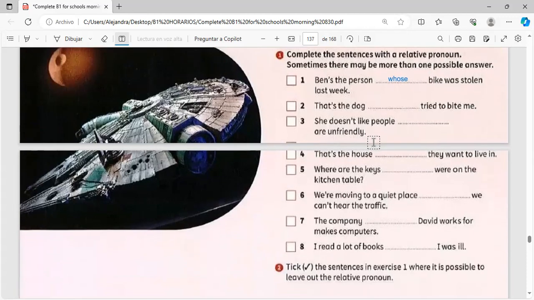Let's see, Eduardo. That's the dog tried to bite me. I'm talking about the dog. That. Do you agree, Guido, with that? That's the dog that tried to bite me?